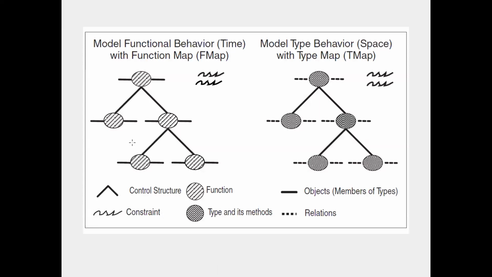Now let's try to understand graphically what F maps as well as T maps mean. You will see two types of nodes: one is functions, the other is types. In F maps, obviously, we have functions, and there are some control structures.